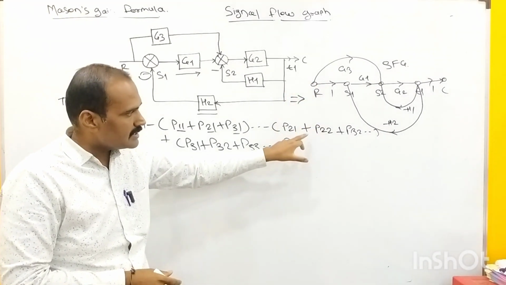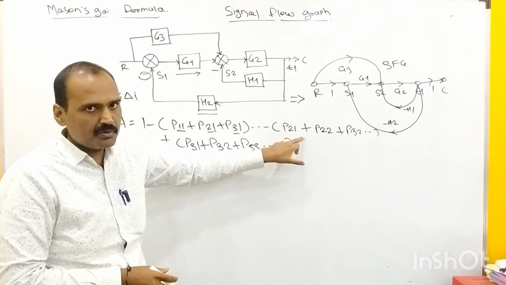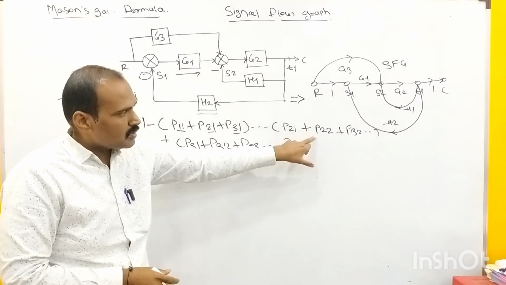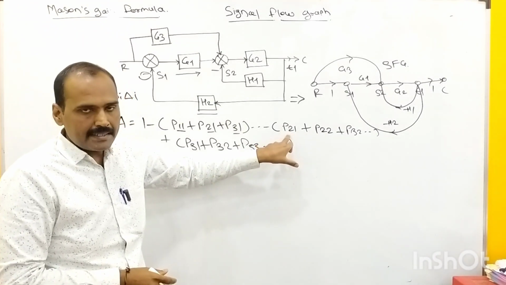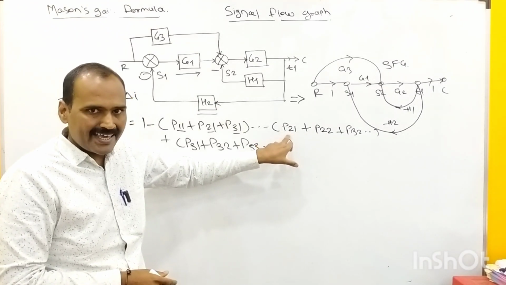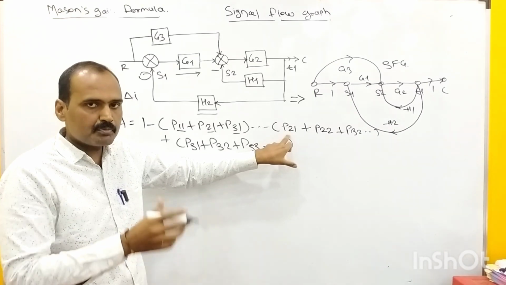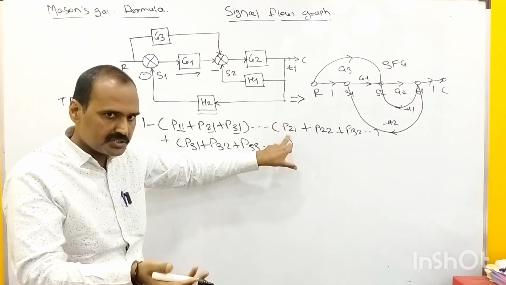So basically this second parenthesis stands for the gain product of two non-touching loops. Means P21 is nothing but the product of gains belonging to two non-touching loops.